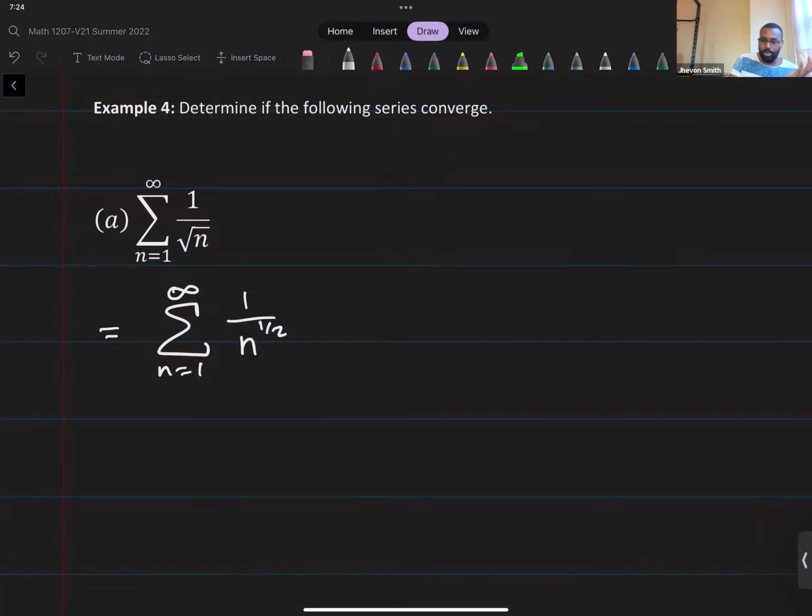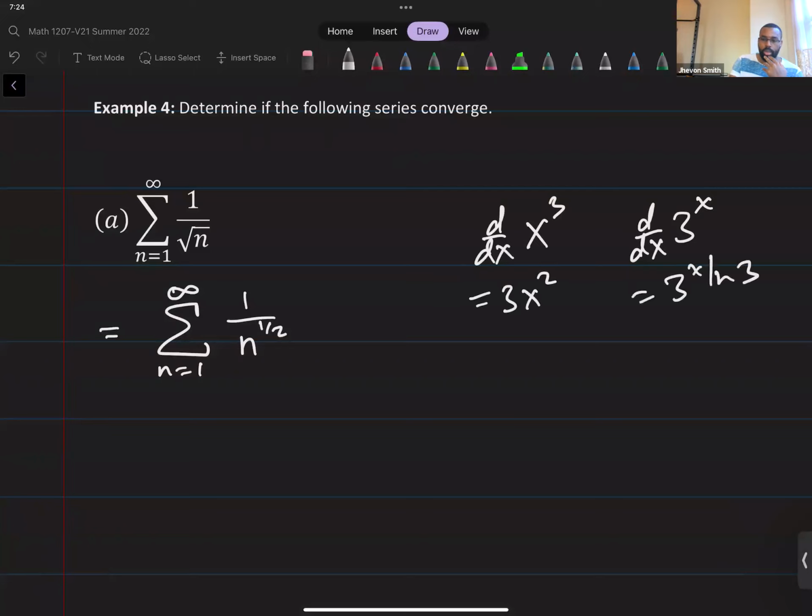There are a lot of students who think that differentiating x cubed is the same as differentiating 3 to the x. These are two very, very different functions that apply very different rules, right? So this one would give you 3x squared, and this one is 3 to the x ln 3, right? So it matters who's a constant and who's a variable. So if your power is a constant, the base is a variable, it is not geometric, right? It has to be something else. So I just want to make sure that you're aware of that.